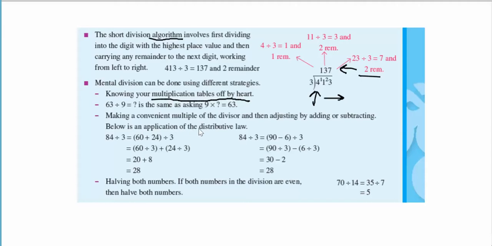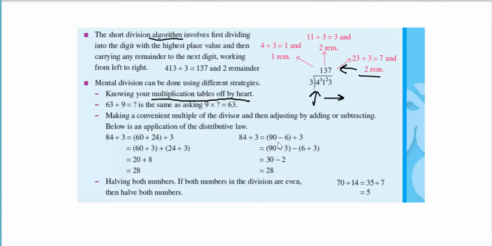Below is an application of the distributive law. So 84 divided by 3. What we're basically doing is breaking this 84 up into something a little bit more manageable. So 60 and 24, for example, and you divide each of those by 3. 60 divided by 3 gives you 20. 24 divided by 3 gives you 8, and then you add those two together.